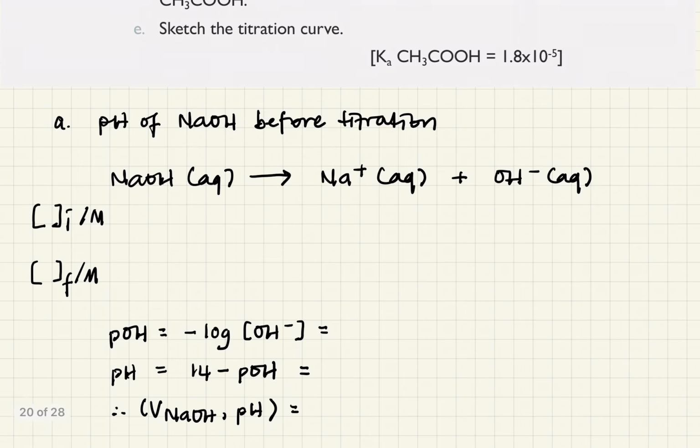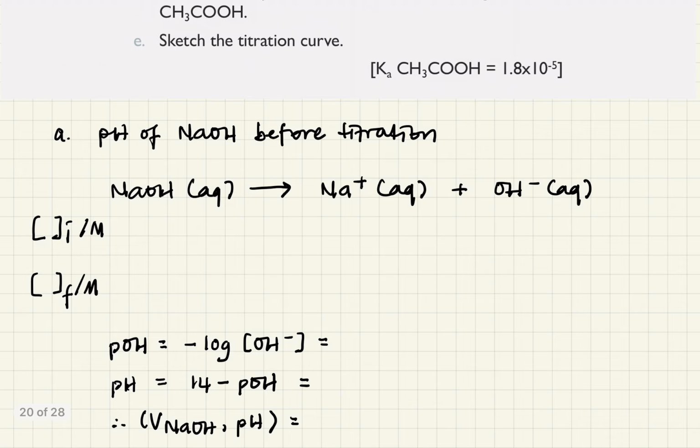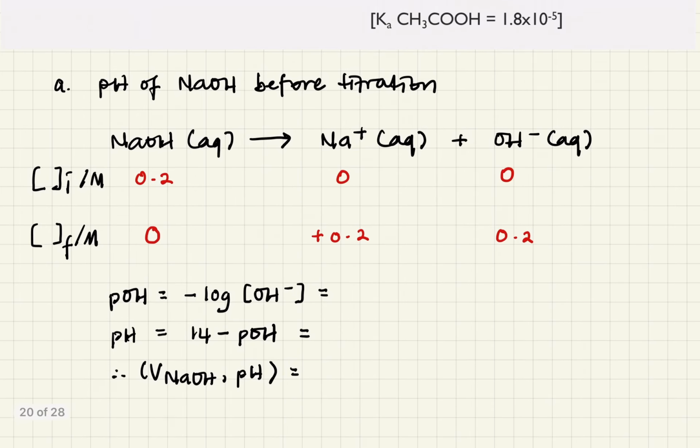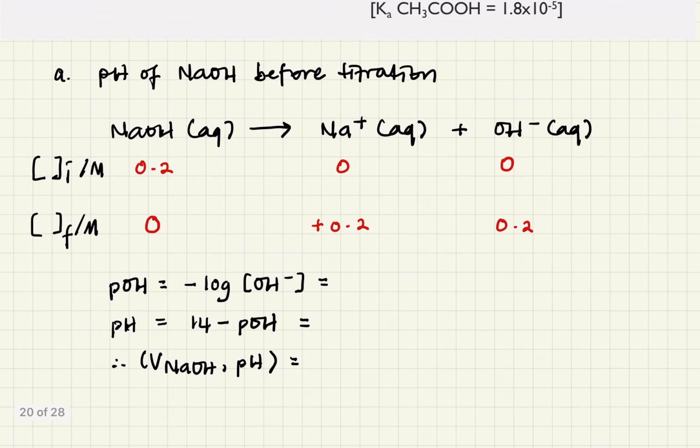So our molarity for sodium hydroxide will be 0.2 molar. It will completely dissociate, so this will be 0.2. That means the concentration of the hydroxide ion will be 0.2.